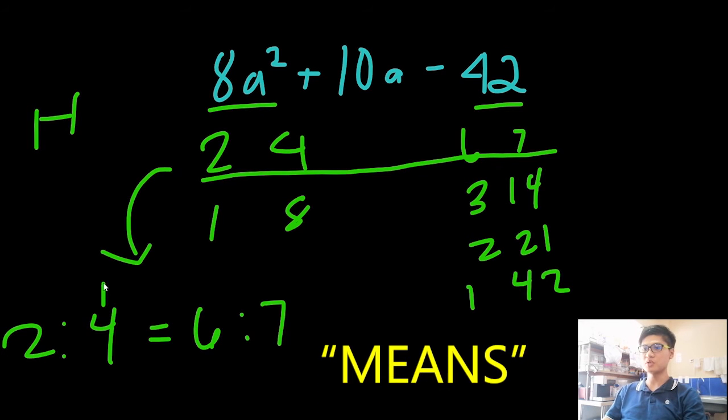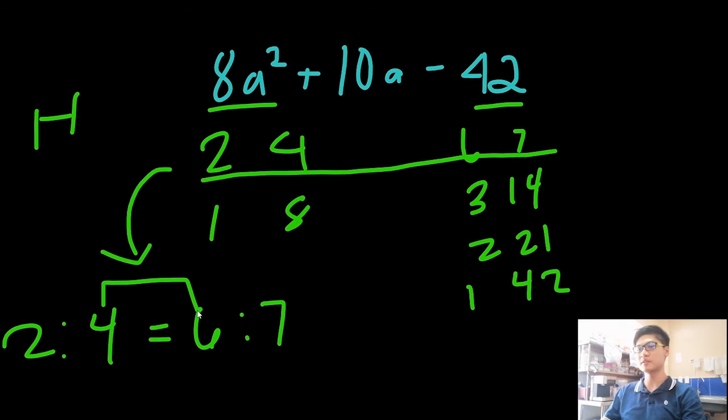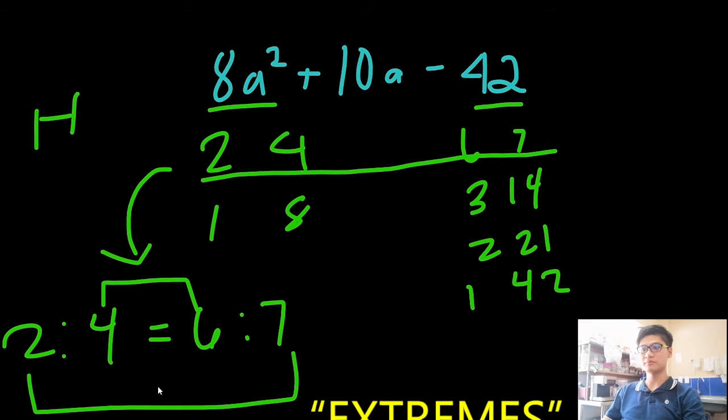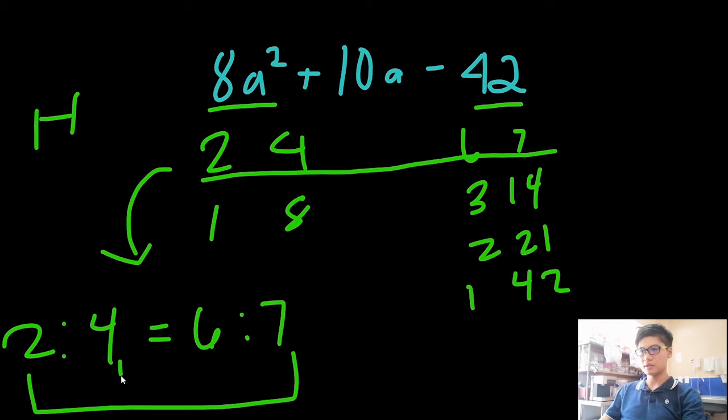The means are the two terms that are nearest to the equal sign, and the ones that are far from the equal sign are what we call the extremes. So we're going to multiply the means and combine that with the product of the extremes. So 6 times 4 is equal to 24, and 2 times 7 is equal to 14.